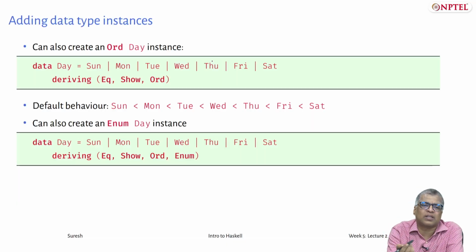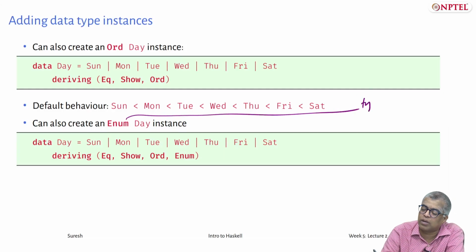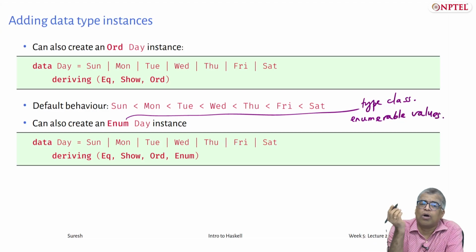You can also create other things. You can create an Enum. Enum is another type class. This is the type class of enumerable values. What all do you need to make something enumerable? You need a notion of next element, and you also need a first element and a last element.